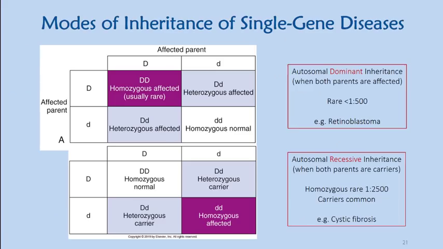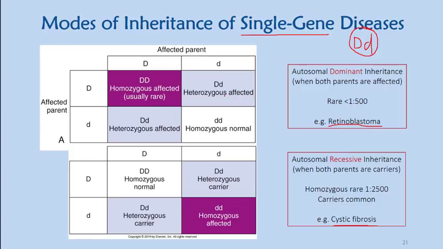Let's talk for a bit about how single gene diseases are inherited. The two examples that we have up on the screen here are retinoblastoma and cystic fibrosis. Remember again that a capital letter refers to dominant and the lowercase letter refers to recessive. Each of these are alleles, and collectively they form a genotype. We have different types of genotypes.